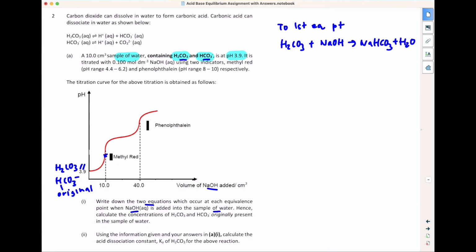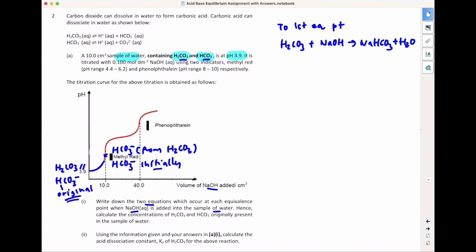So at this point, there are actually HCO3 minus from, I'm going to write down now, from H2CO3, and I also have HCO3 minus initially. The origin, which is the original, okay, because it didn't change, it didn't react at all as you move from here to here. Okay, so this initial and original are the same thing.